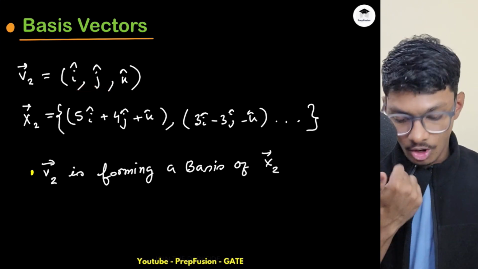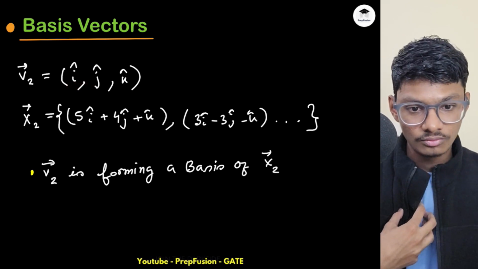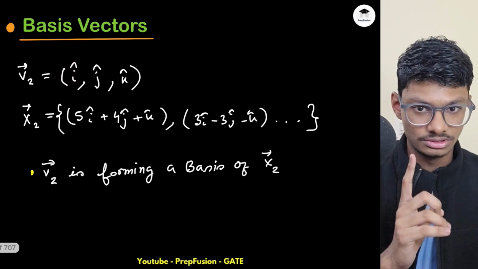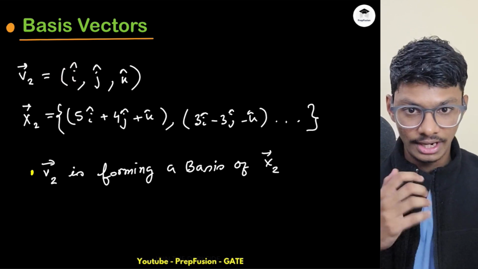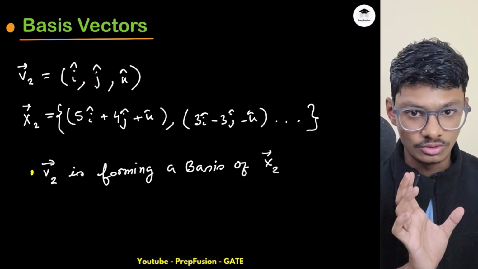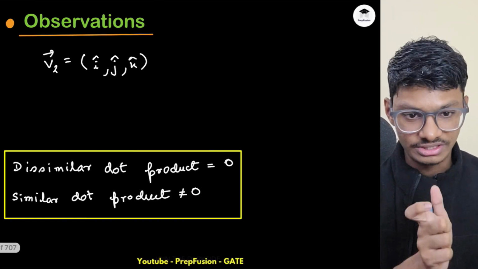Okay, and what is the inner product? What is the similar product? The similar product between them is i dot i, which is 1. The similar product is 1, and the dissimilar product is what? The dissimilar product i dot j, i dot k is 0. So this is the first observation that we see.